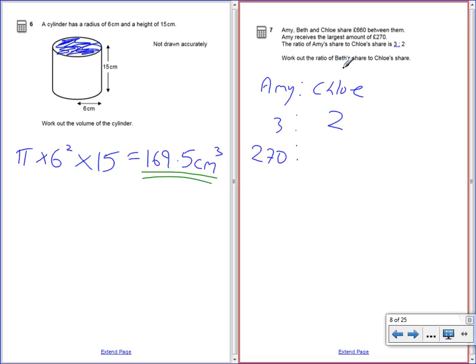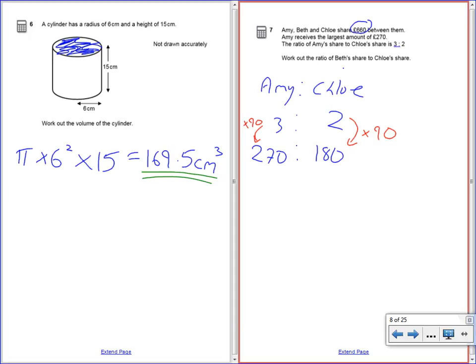So if Amy's got 270, that's 3 multiplied by 90. So therefore, Chloe must have 2 multiplied by 90. It's £180. And between them, they get £660.